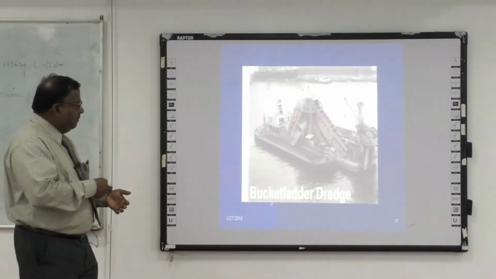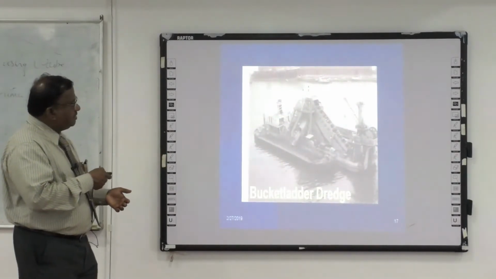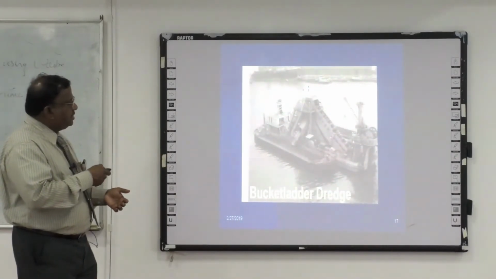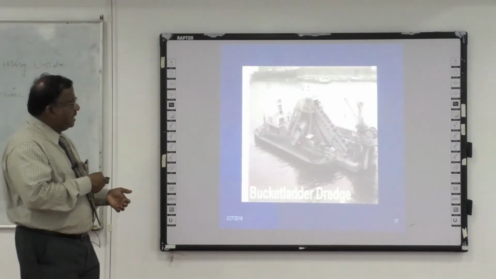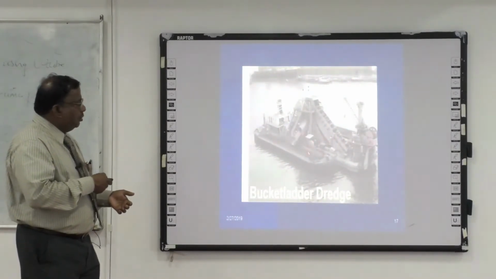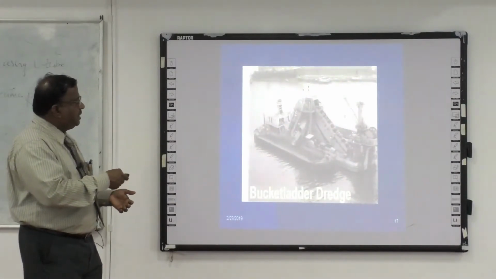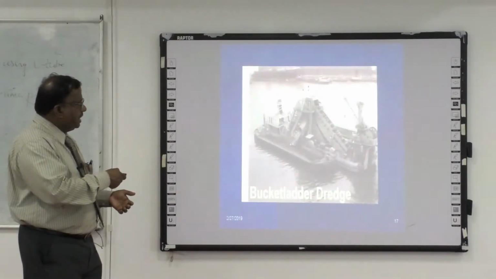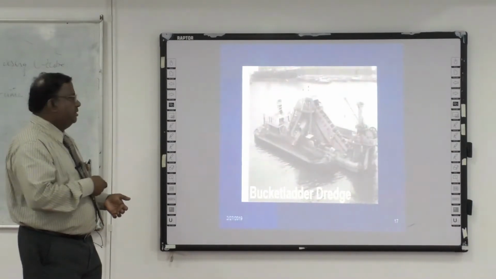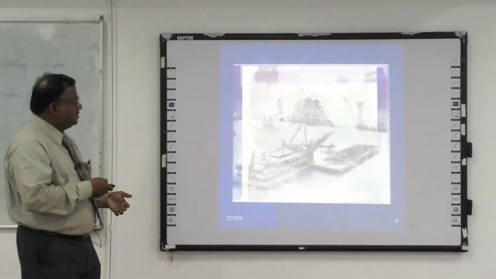The buckets are fixed on a ladder, which is rotated using a centralized wheel system and equipment. Once it goes down, it picks the soil, comes up and it is poured into the pipe and collected in the hopper. So this is a bucket ladder dredge.